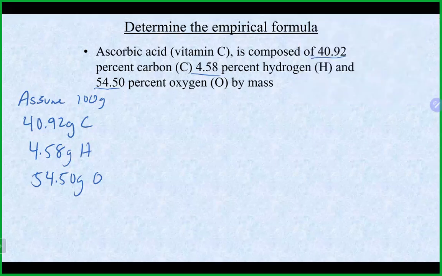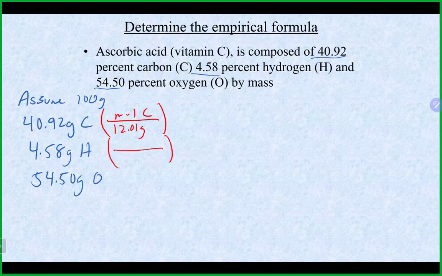And we're going to go to the periodic table to do that. So the molar mass from the periodic table for carbon is 12.01 grams per mole. The molar mass for hydrogen is 1.008 grams per mole. And the molar mass for oxygen is 16 grams per mole.